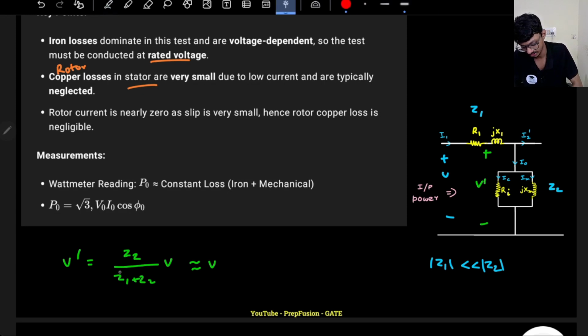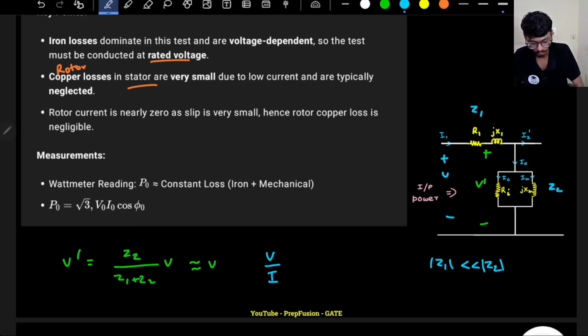Then Z1 plus Z2 is roughly Z2 only. So V upon I, the voltmeter reading over the ammeter current, will yield roughly Zi. From here I will be able to get the impedance of the core component.